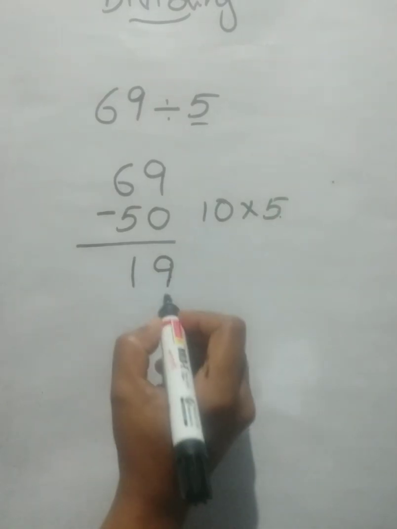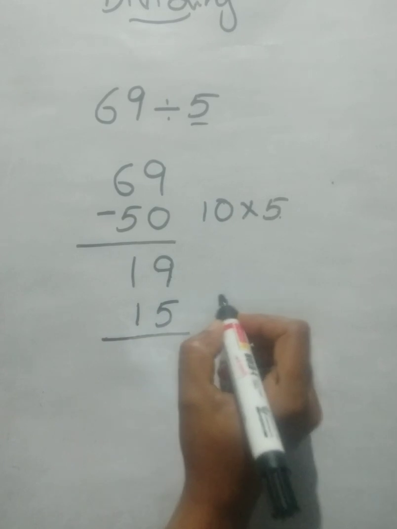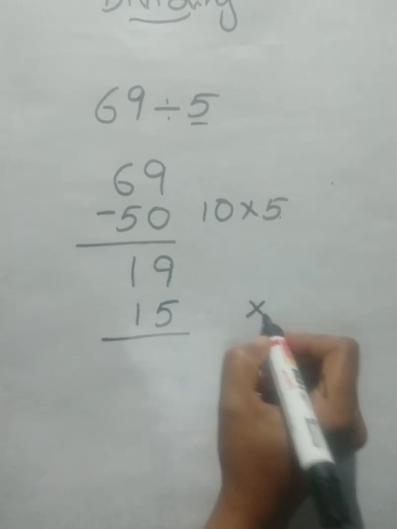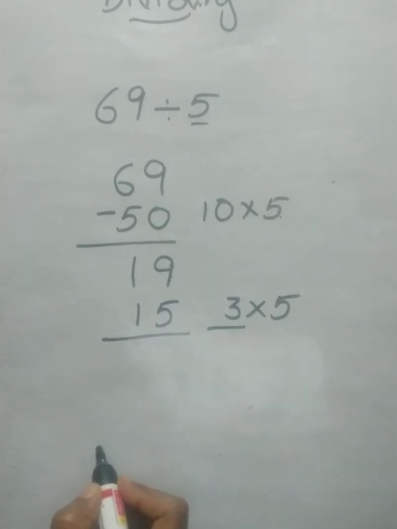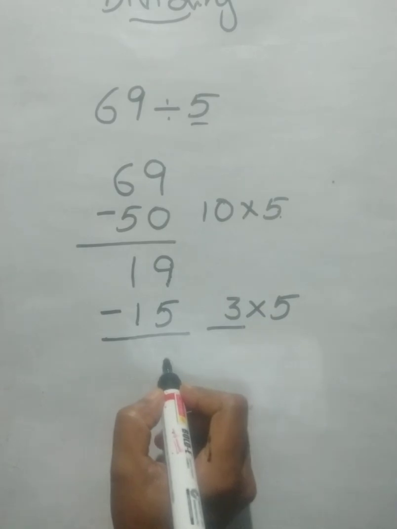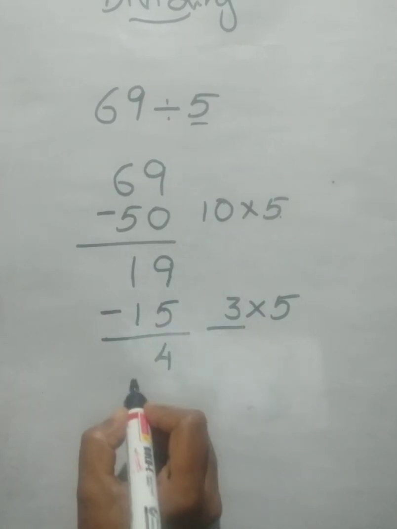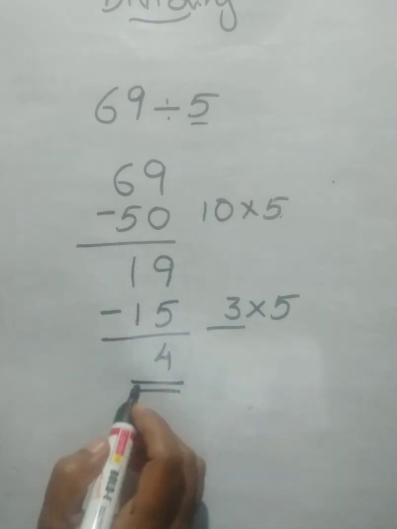So, here 15 is there. How many 5s are 15? 3 fives are 15. Then here subtraction. 19 minus 15, 4. 4 is less than 5. We can stop this division.